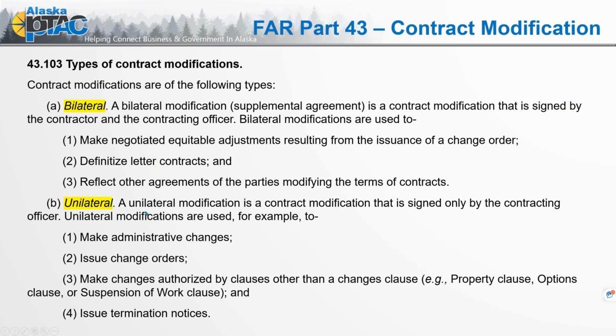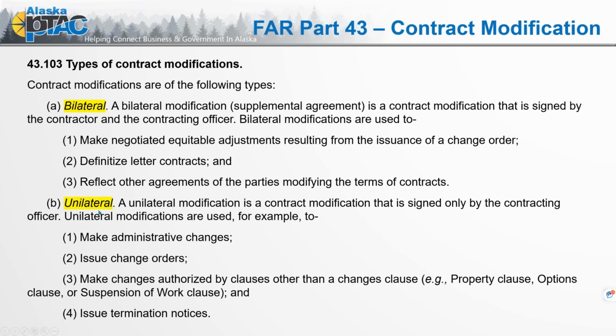A unilateral modification is a contract modification that is signed only by the contracting officer. Unilateral modifications are used, for example, to make administrative changes, maybe you have a different COR or COTAR than what we thought the contract was going to start with. Issue change orders, make changes authorized by clauses other than the changes clause, i.e. property clause, options clause, suspension of work, and issue termination notices.